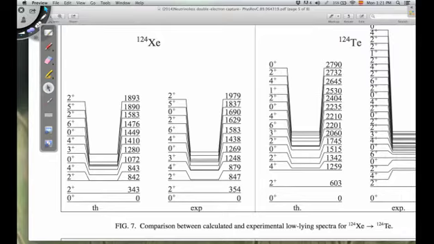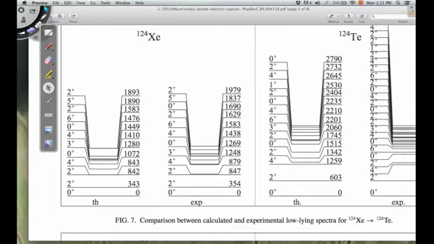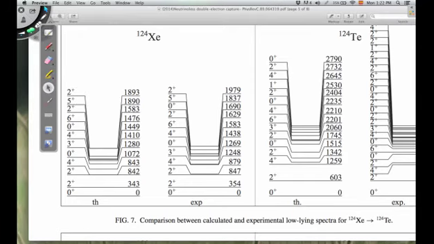Also, it's important that with this formalism we can reproduce this spectra, which is in correspondence with the experiment. This is the experiment, this is the theoretical.